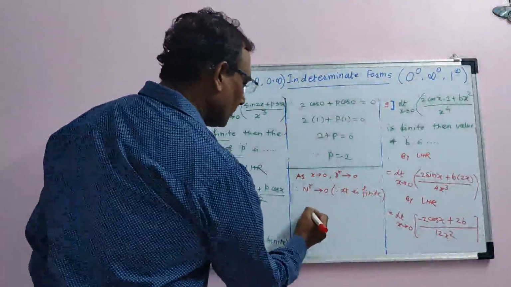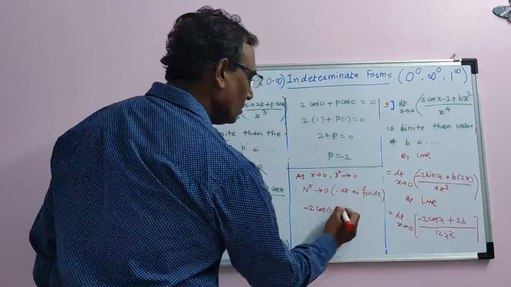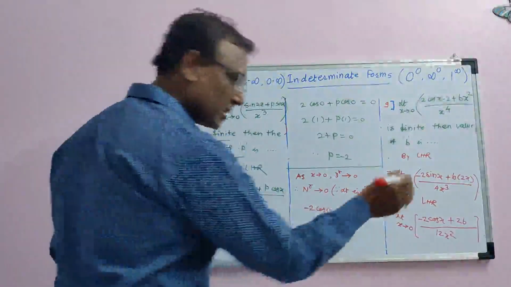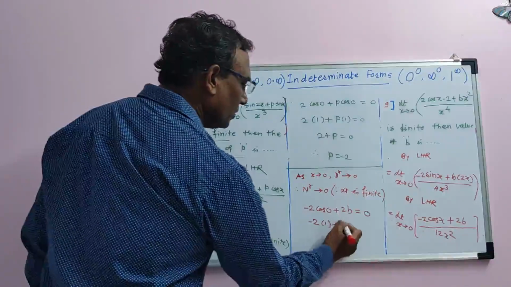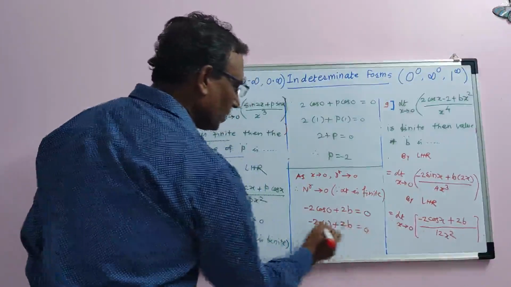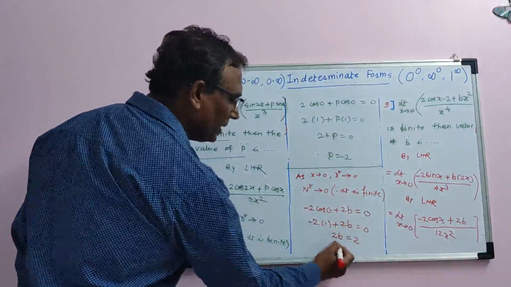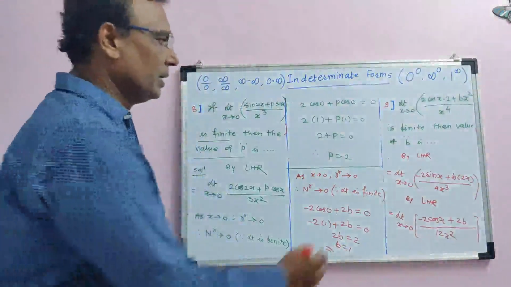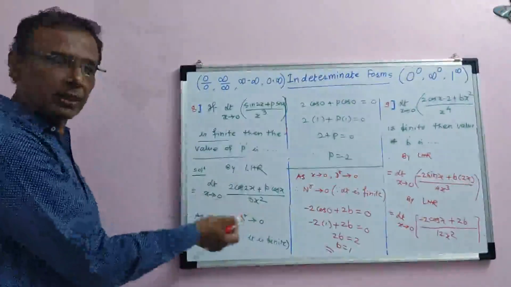Then what to do? The numerator is going to become 0 for x equal to 0. Here cos 0 is 1. Minus 2 I am shifting to the right hand side. And b is equal to 2 by 2 is 1. The value of b is 1. Here we applied L'Hospital rule two times. Here a single time L'Hospital rule.